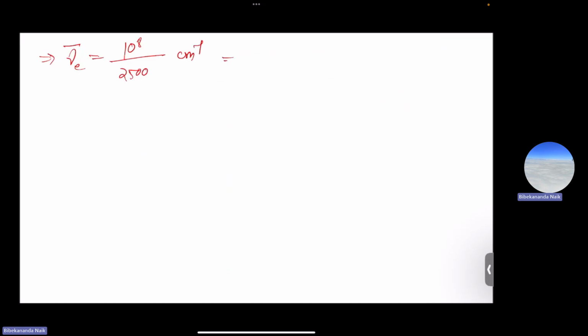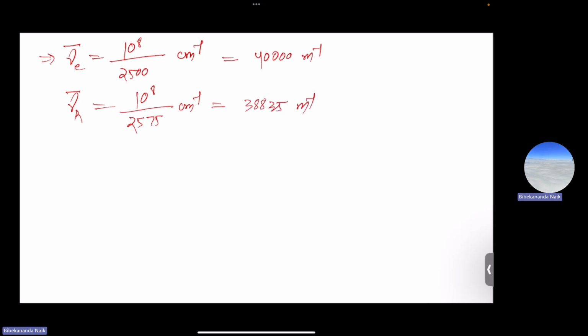So it will be 40000 meter inverse. Now for R, 10 to the power 8 divided by 2575 centimeter inverse. It is 38835 centimeter inverse.